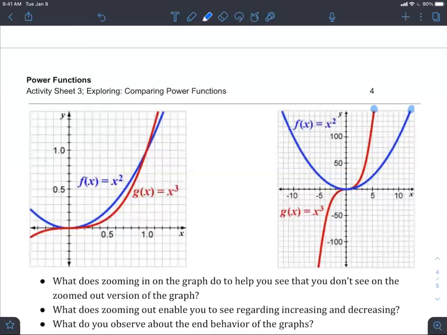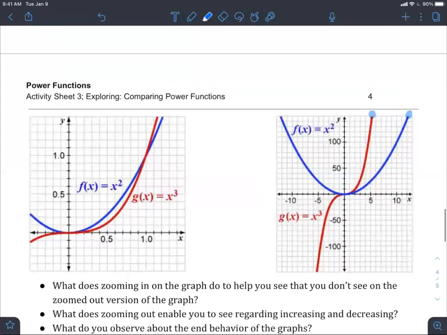So Jaslyn, that's question 3. What do you observe about the end behavior of the graphs, despite the fact that they have remarkably different rates of increase? They are still overall increasing as the inputs increase, the outputs are also increasing. That's the moral of this lesson.